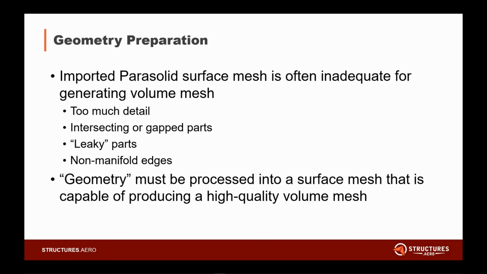That's a big check that you have to watch out for. And then also non-manifold edges will cause a lot of errors and you can't mesh. So those are things that you need to solve in the geometry processing stage before you can even move on to anything else. So again, you have to process your geometry into a surface mesh that's then capable of producing a high quality volume mesh.